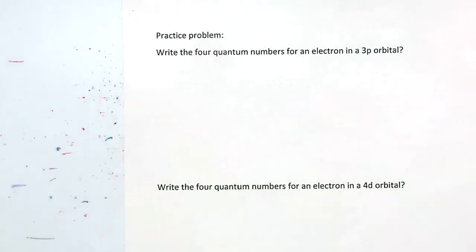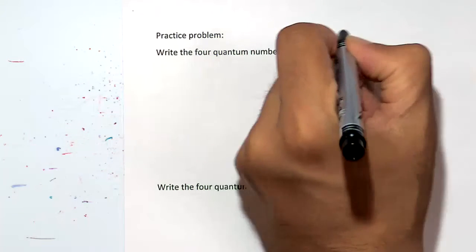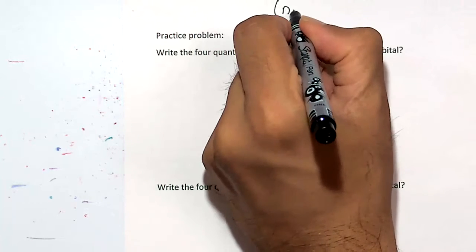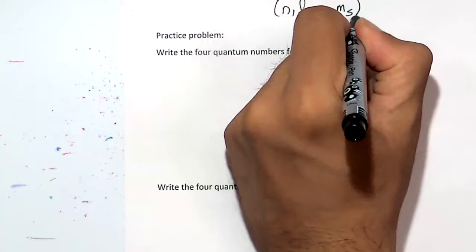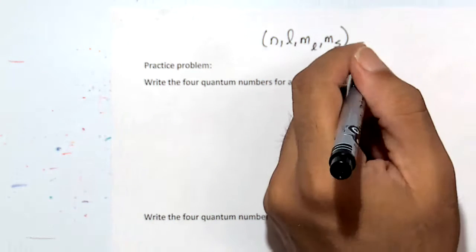It's asking for the 4 quantum numbers for an electron in a 3p orbital. Right off the bat, you should recognize n is equal to 3 because it's a 3p orbital.